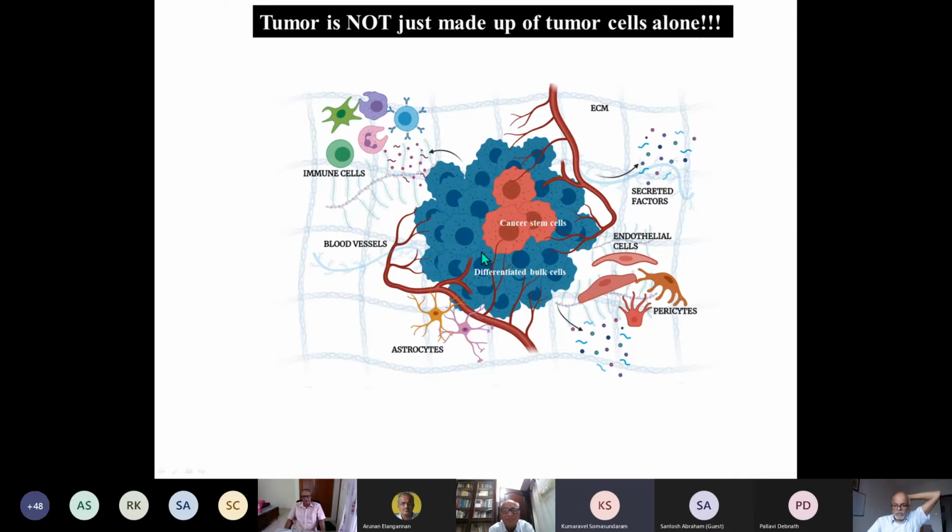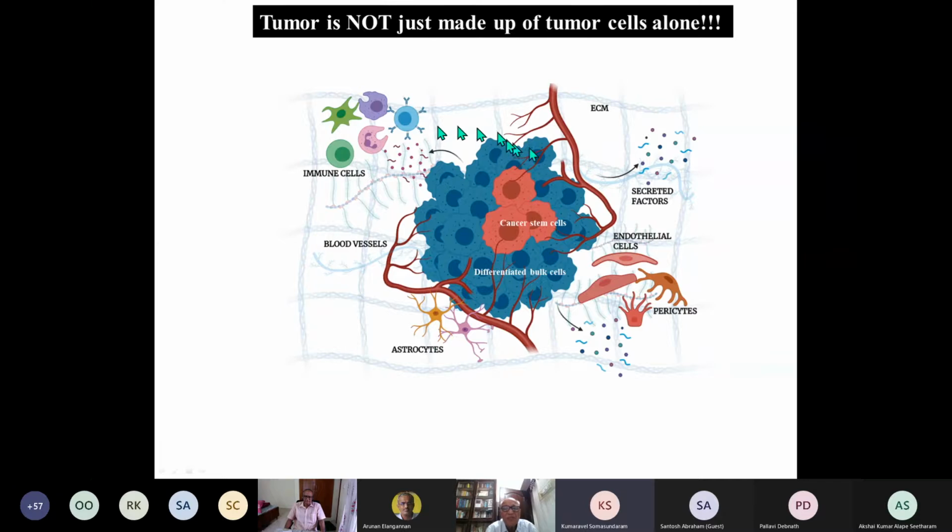In addition to that, there are stromal cells. These are cells which are present in and around the tumor. You can see there are immune cells, which comprise lymphocytes of different types and macrophages, and there is also blood vasculature, which consists of endothelial cells and pericytes, and there are also normal cells of the particular organ. For example, if it is a brain, normal astrocytes are there.